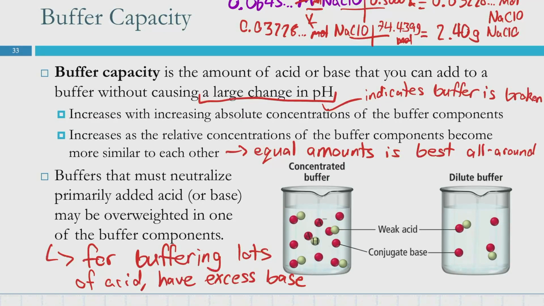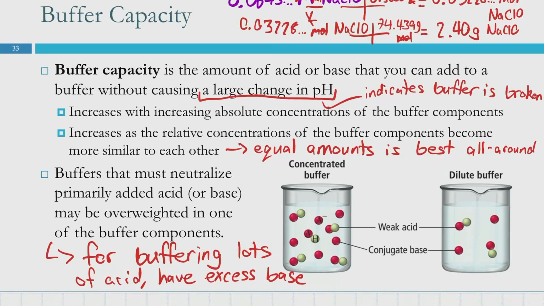And that's kind of all that we talk about buffer capacity. So the two things we can do, increase the absolute concentrations, more buffer component means more buffer capacity. We can also have closer to equal amounts if we want a good all-around buffer.